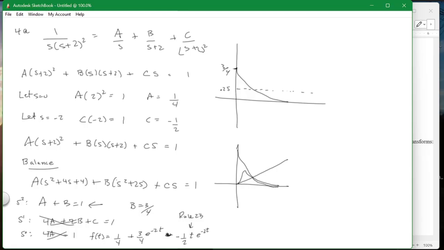Like that. So you get this plus this plus this. You add those three together and you got your final answer. Okay? But that's the right answer.